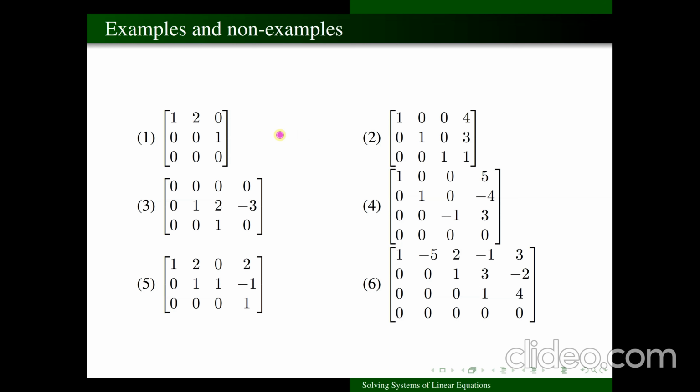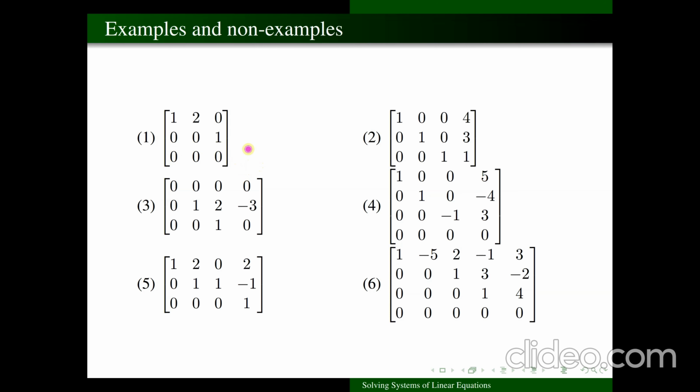Let's look at the following matrices. Let us check if the four conditions in the definition of an RREF are satisfied. For the first matrix, matrix 1, we have one row consisting entirely of zeros, the third row, and it lies at the bottom of the matrix.